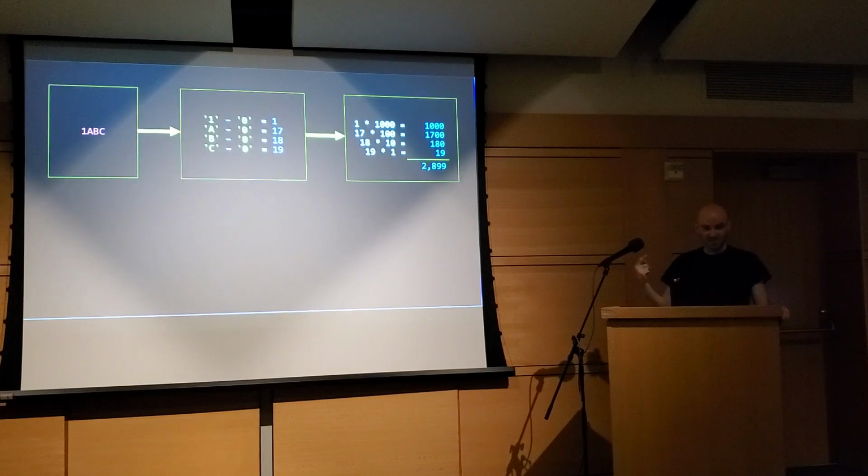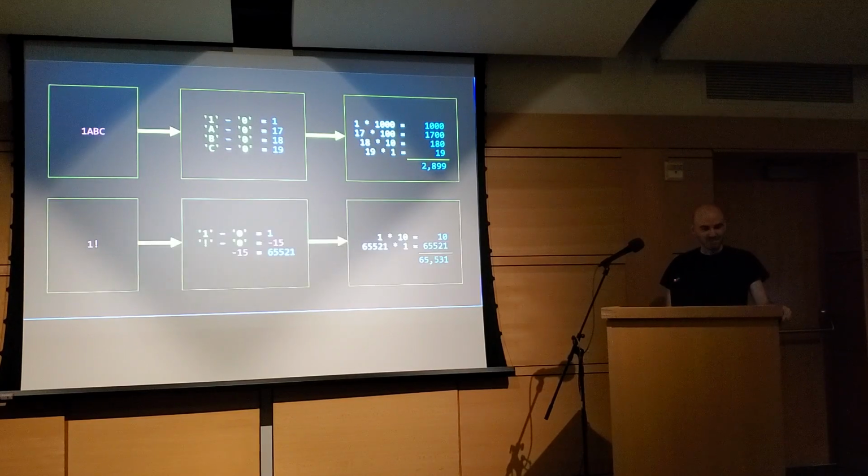This works the same way as we saw before. You just subtract the 0 value and you get some arbitrary digit value. You do the math and you get some arbitrary number. And this gets even weirder because now you can use any character, so you can use characters that have a lower value than 0. That would end up in negative 15.